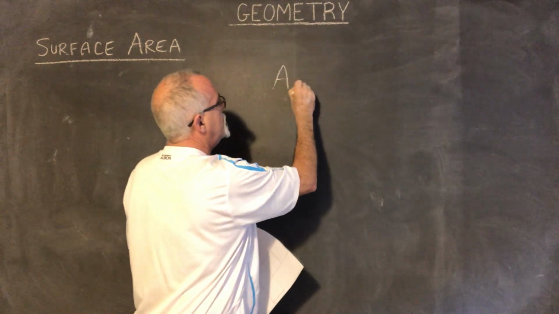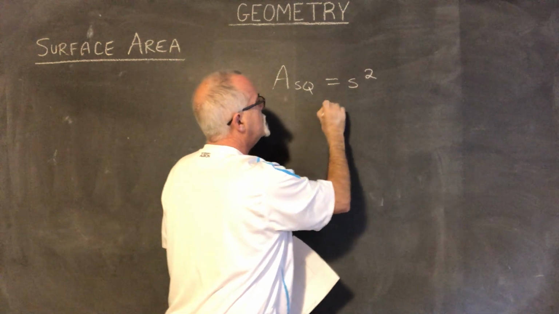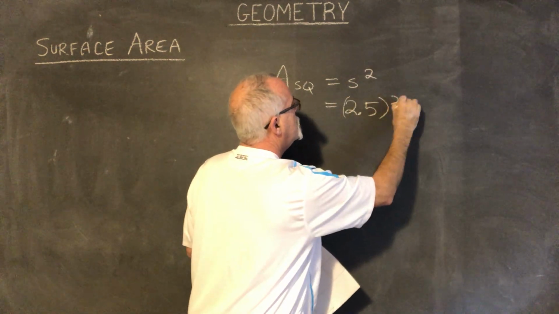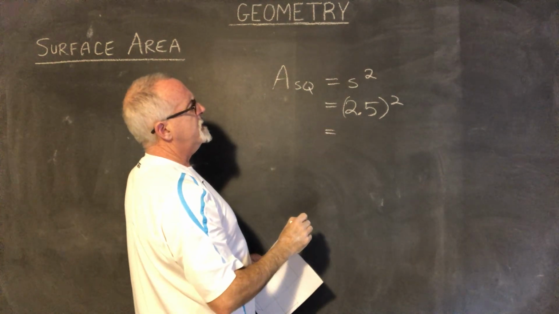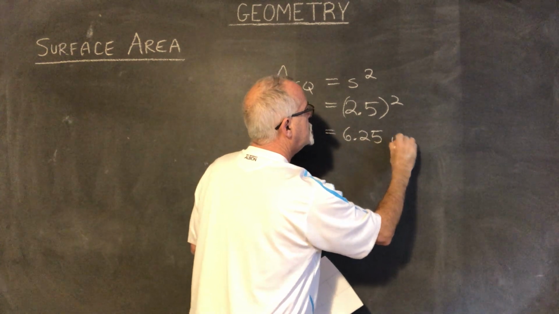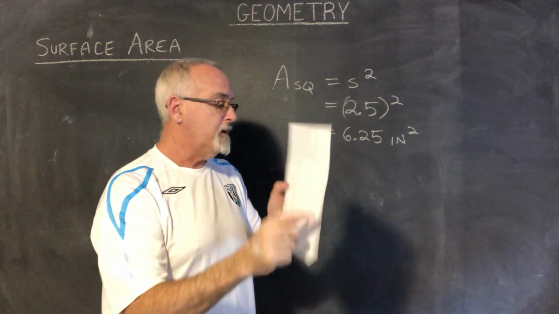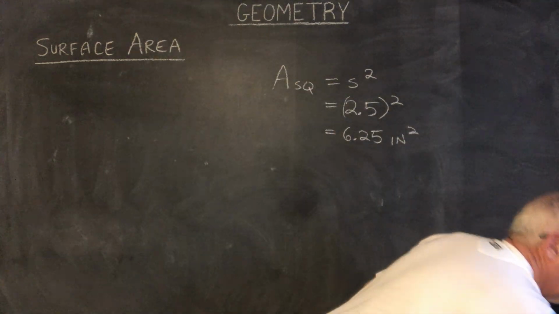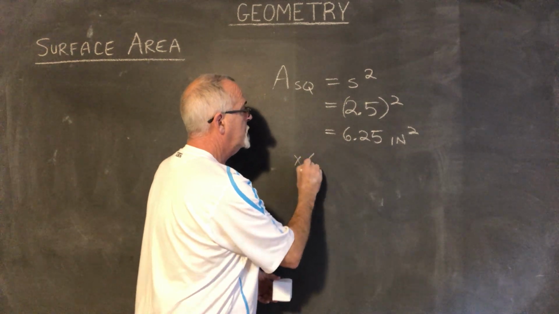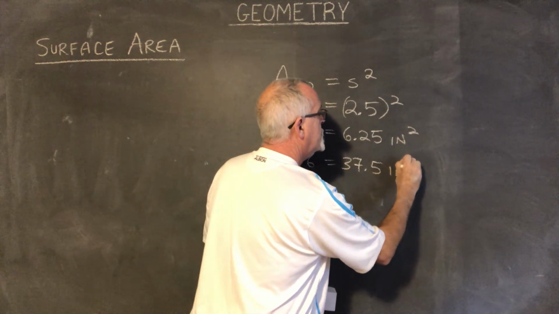So the area of a square is equal to side length squared, and the side length was 2.5 inches. 2.5 squared is going to be 6.25. So I have 6.25 square inches, but that is the area of just one face. There are 6 of them. So I have to multiply by 6. It's going to be 37.5 square inches.